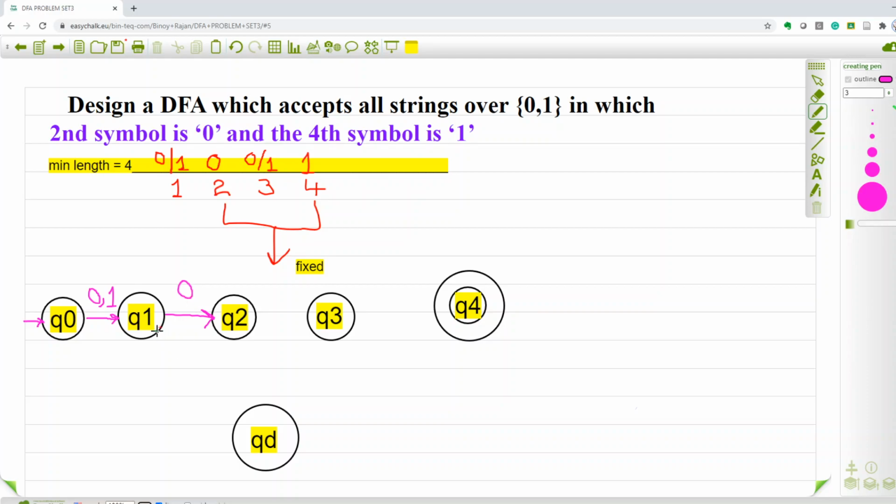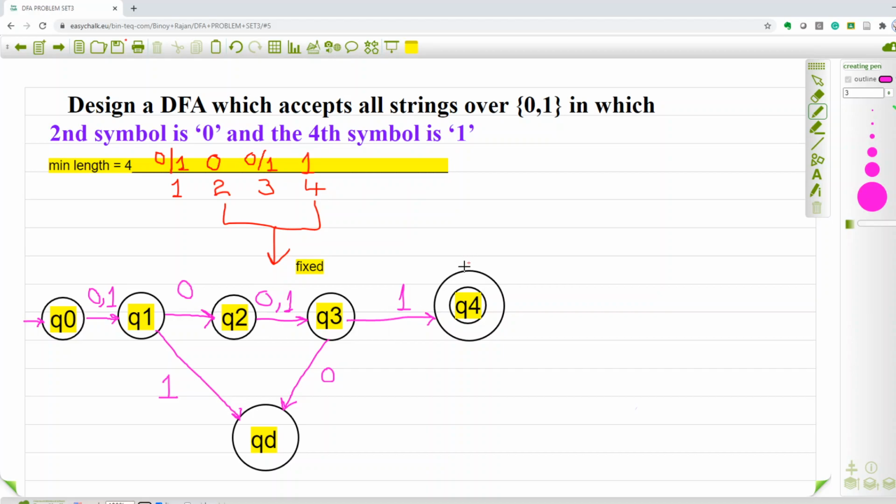If 1 comes in between, I should send it to the dead state. And Q2 to Q3, there is no restriction. It can be either 0 or 1. And Q3 to Q4 should be 1. From Q3, if anything other than 1 comes, I am sending it to the dead state.